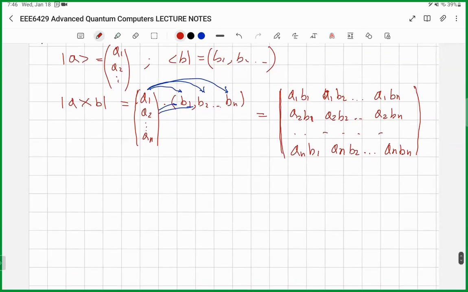And this matrix must be a square matrix. In fact, in quantum information, all the matrices are square matrices.